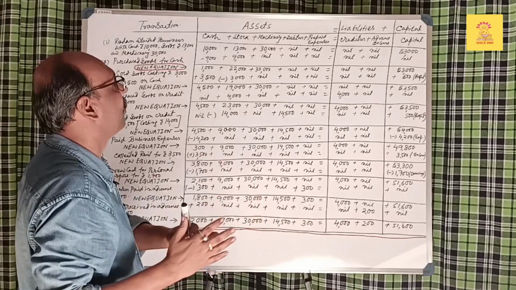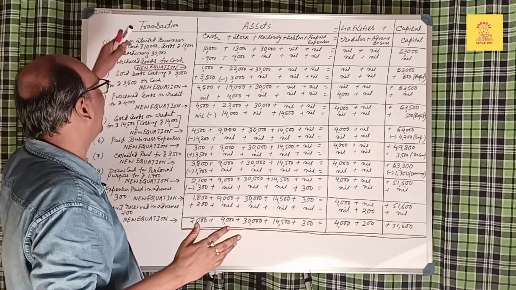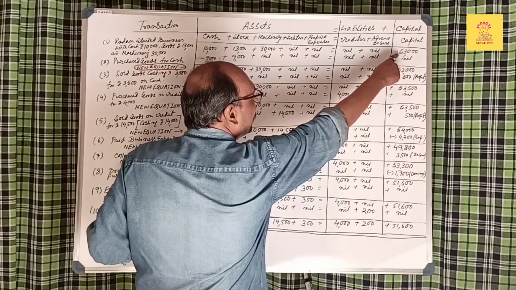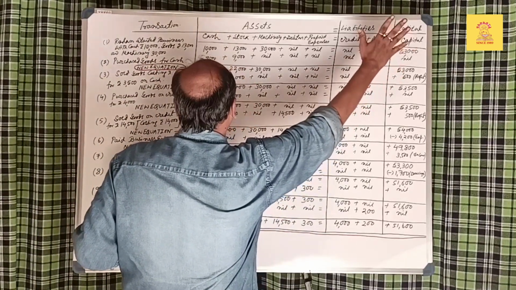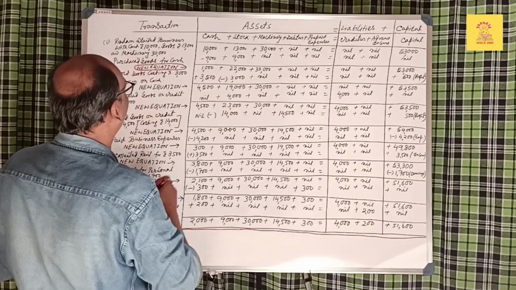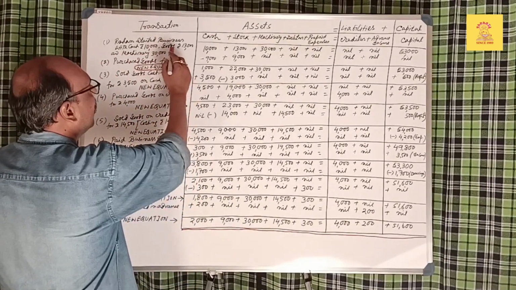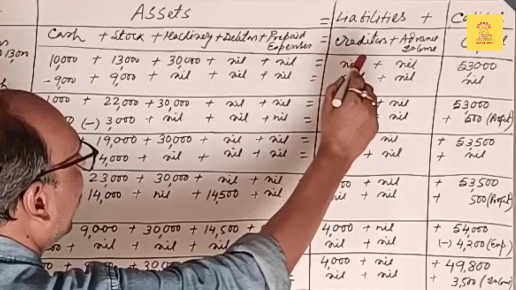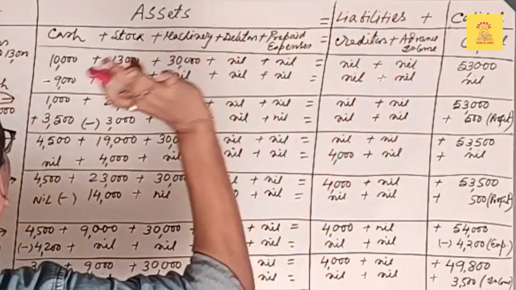So Rohan has given assets together, 10 plus 13 plus 30, 53,000. It is to be treated as his capital. So the new equation is 10,000, 13,000, 30,000, nil, nil, nil, and 53,000.